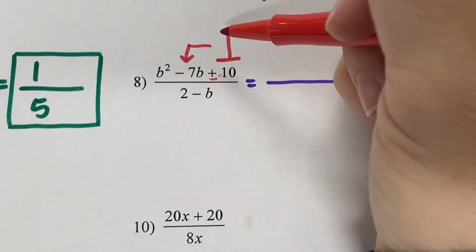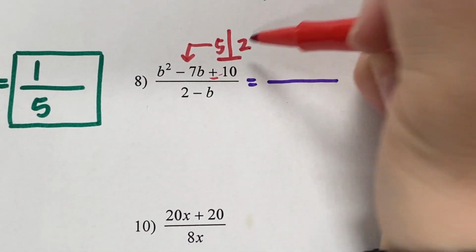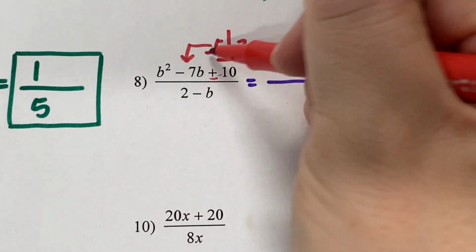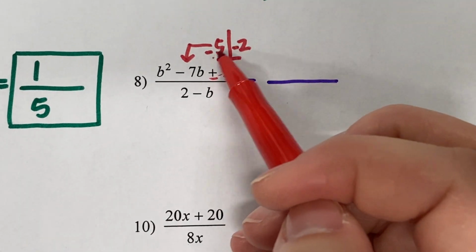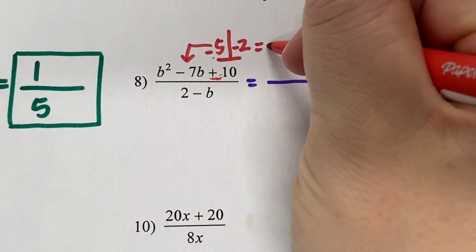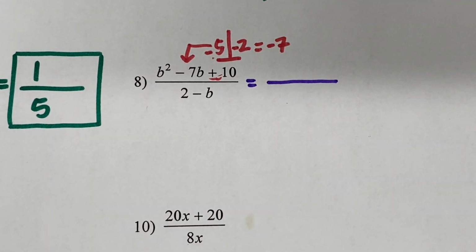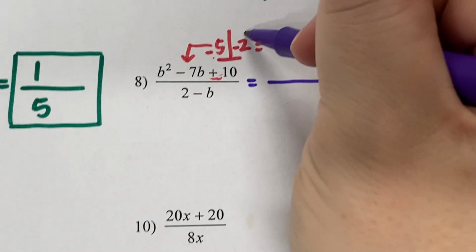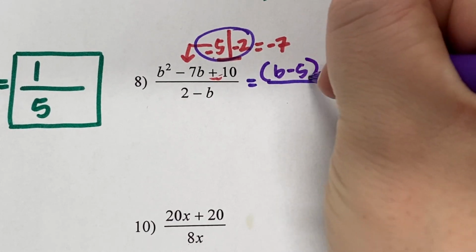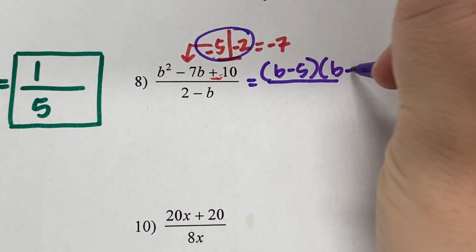Okay, well, I'm thinking a 5 and 2 would probably give me 7, but I need it to be negative 7, so I'm going to make both these guys negative, because a negative times a negative still gives me a positive. When I add them together, that does give me the negative 7 I'm looking for. Okay, so that means my 2 factors on top are b minus 5 and b minus 2.